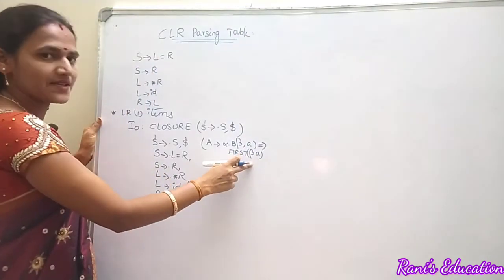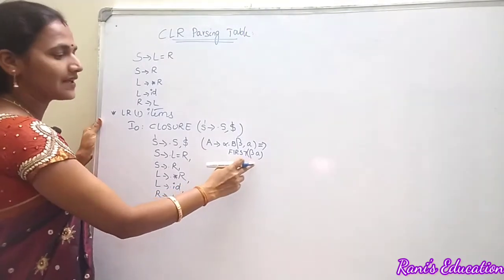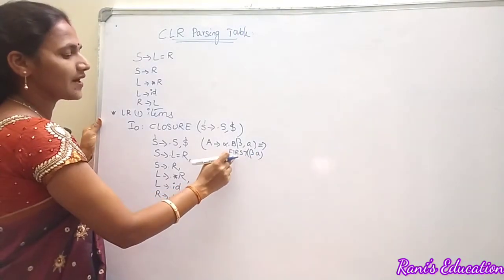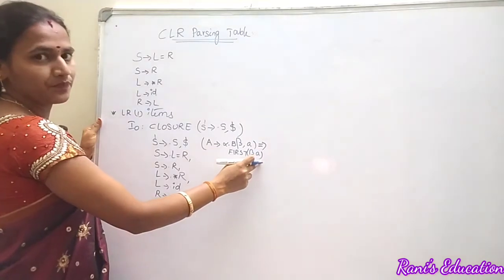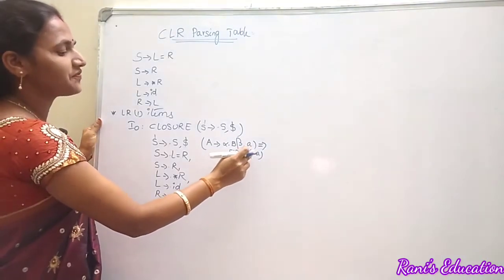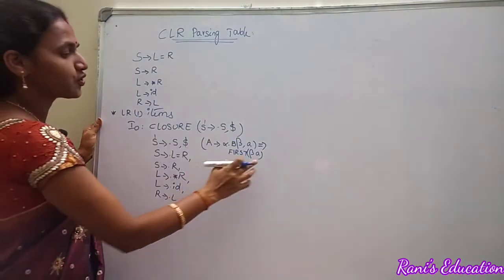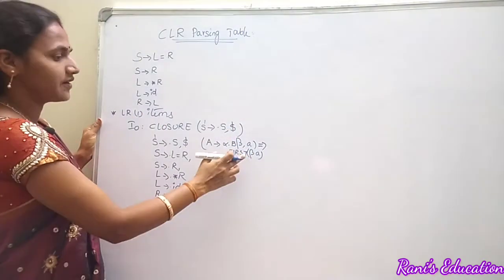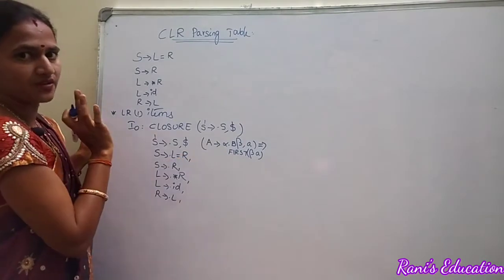If beta is epsilon, then directly you are going to consider the lookahead as first of a. If beta is a non-terminal, we are going to compute first of beta. That's it.